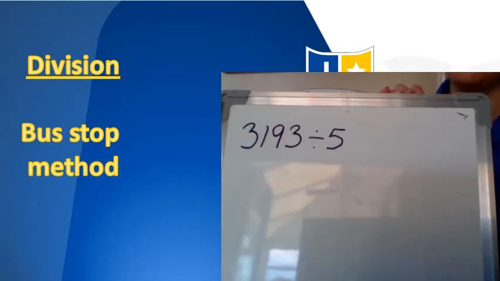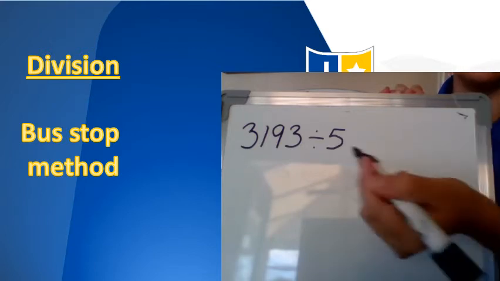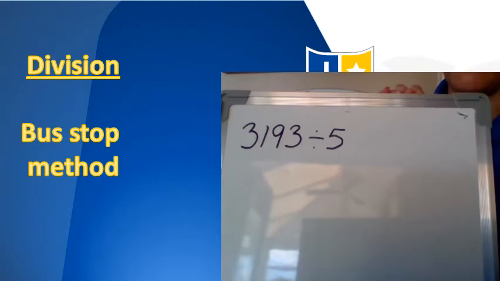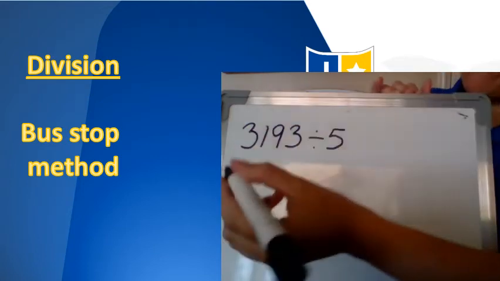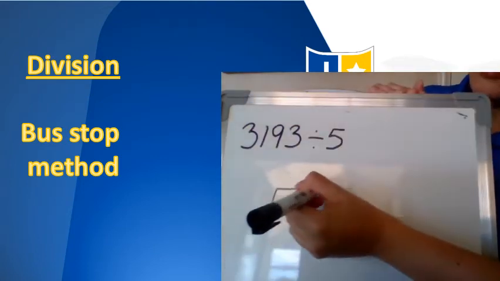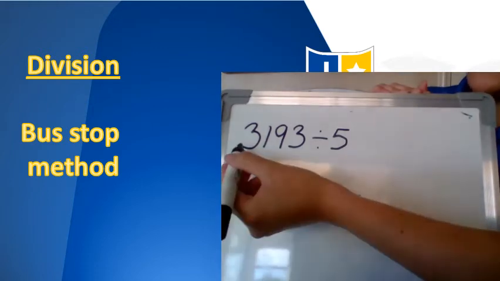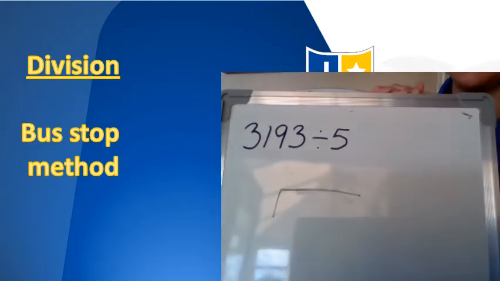You don't always know, but there are some numbers that you are dividing by that you know, because multiples of 5 always end in 0 or 5. If it's a multiple of 3, remember, all the digits will add up to a number in the 3 times table. They're the main two, really.